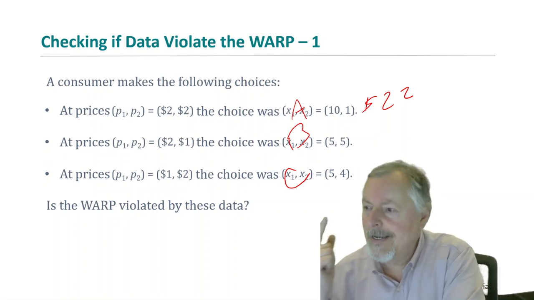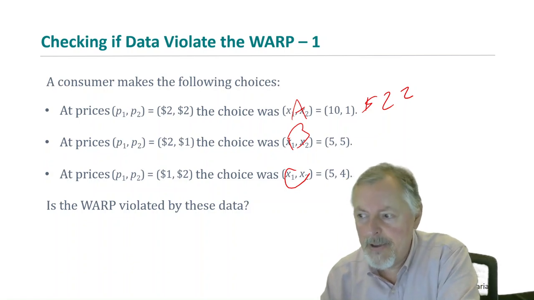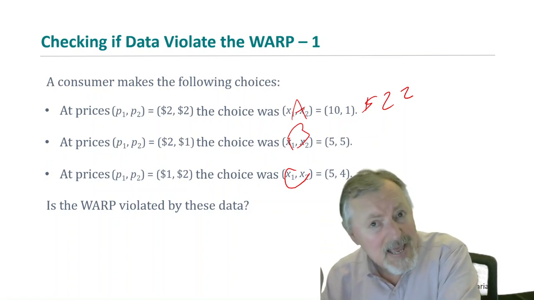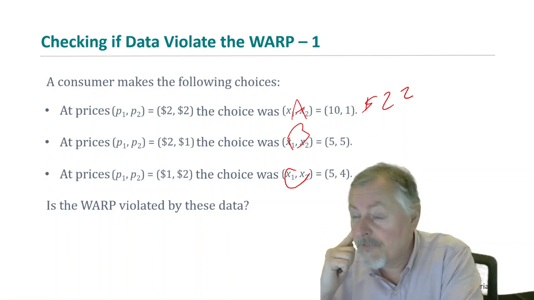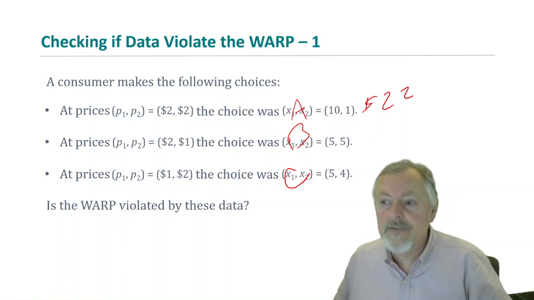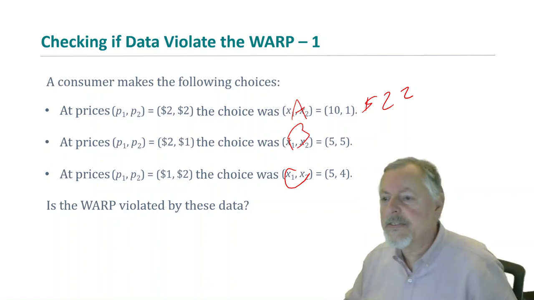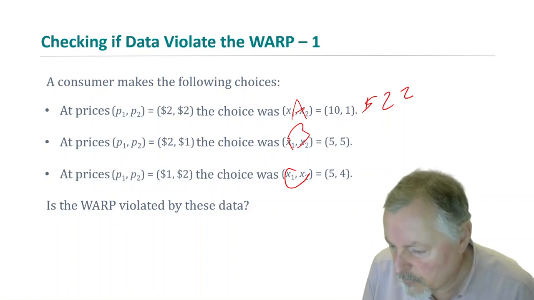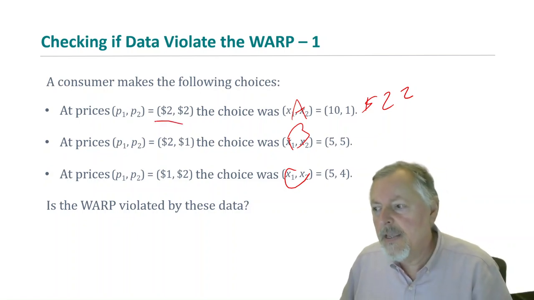Does that tell us whether this person prefers A to B or C? It depends. Were B or C affordable? If they were not affordable, then the choice of A tells us nothing. So at these prices, what would it have cost you to buy bundle B?